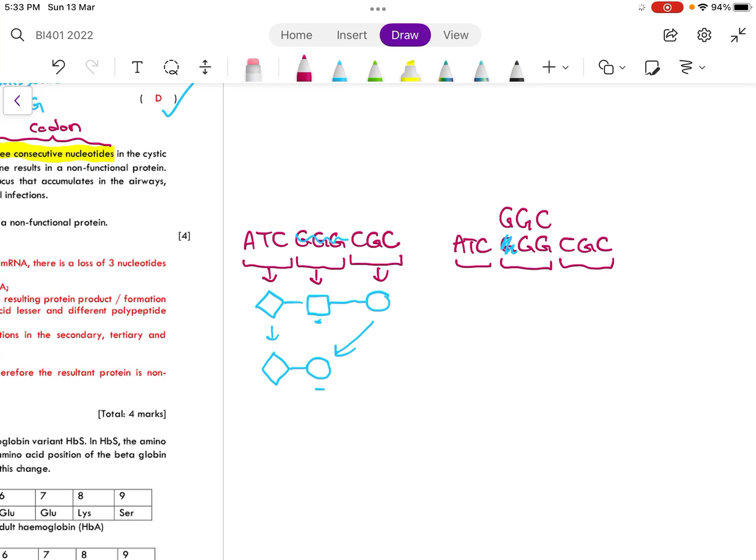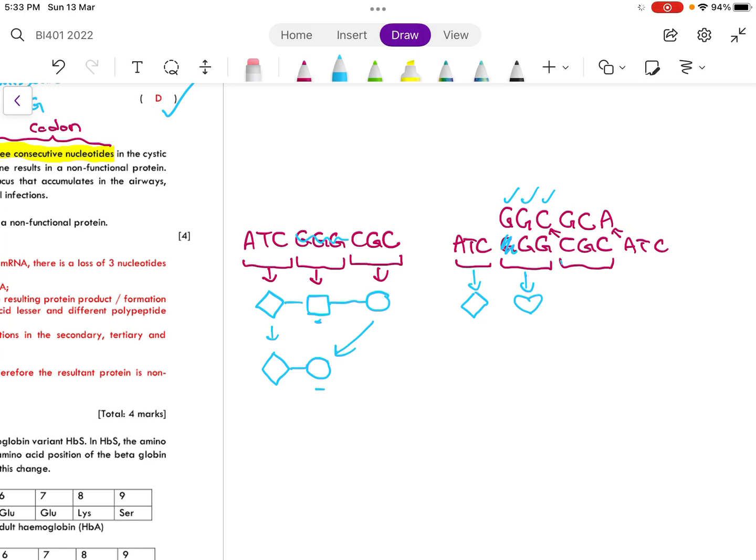Then over here now it will be GC, and perhaps what was downstream is maybe an A, so now A. So what has happened is that the reading frame has shifted, because we are now missing a G. So originally we would have gotten a triangle amino acid, originally we would have gotten a square amino acid, but now, because it's read as GGC, we may end up getting a different amino acid.